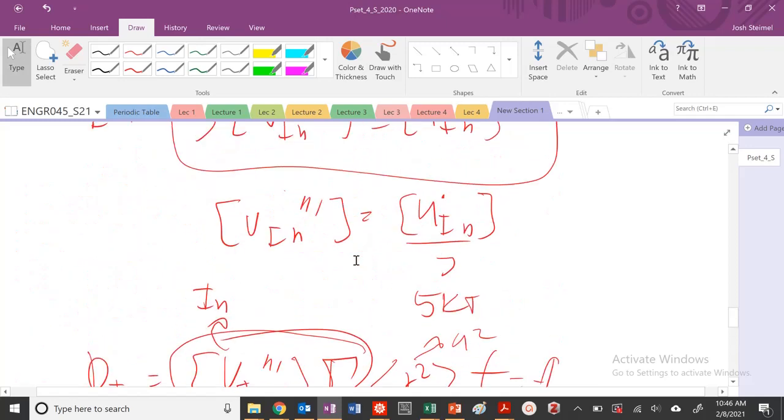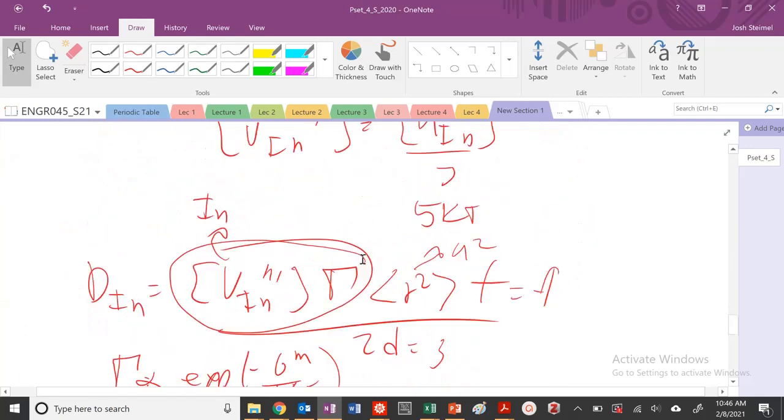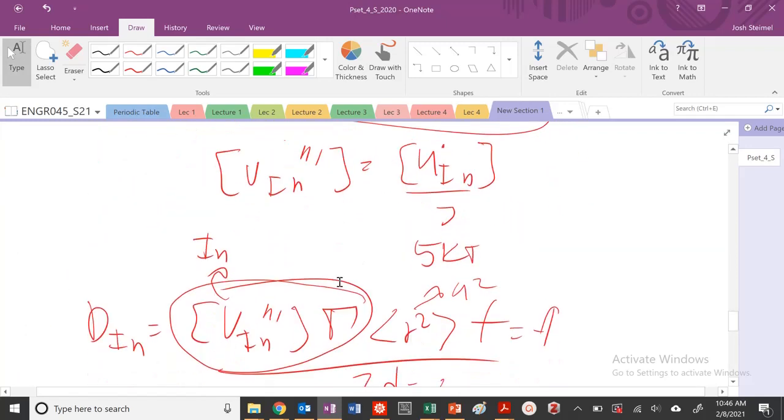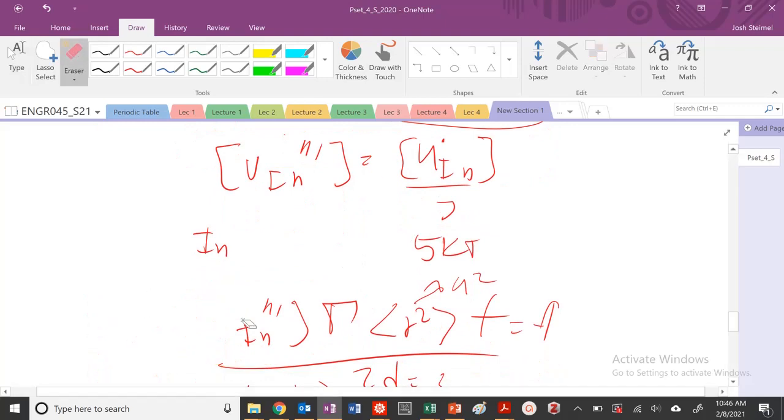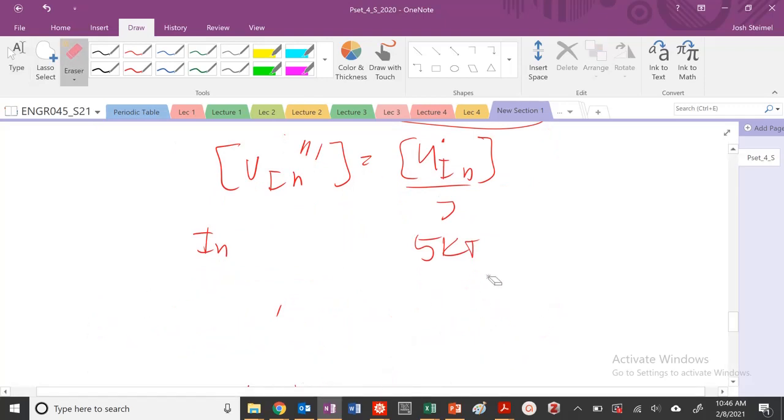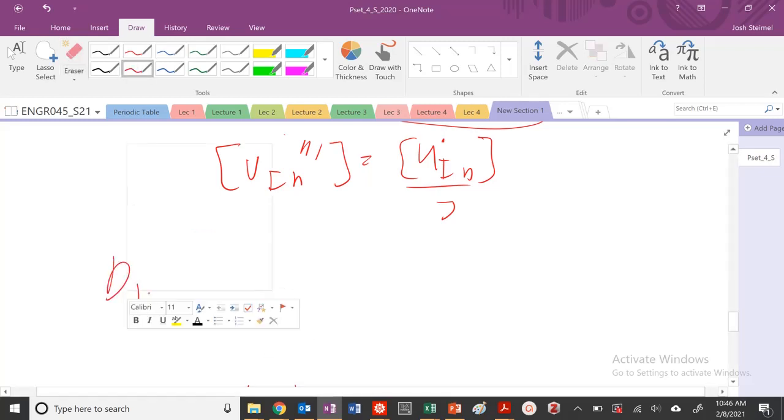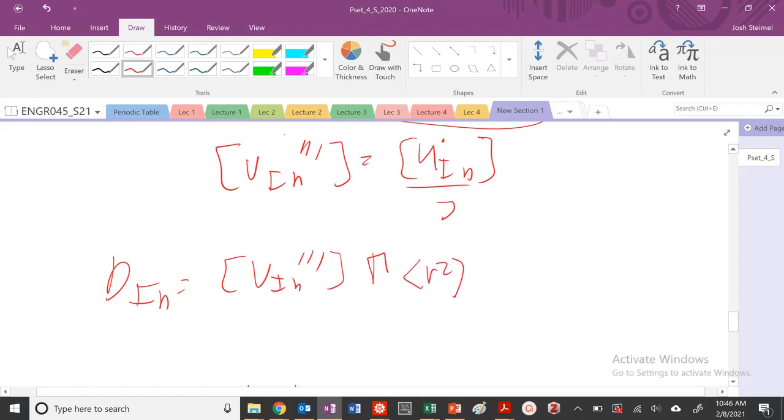What about our diffusion for this extrinsic reaction? Let me erase this here and rewrite this. It's still a vacancy mechanism. So my diffusion of indium is going to be proportional to the concentration of vacancies times R squared, f over 2d.